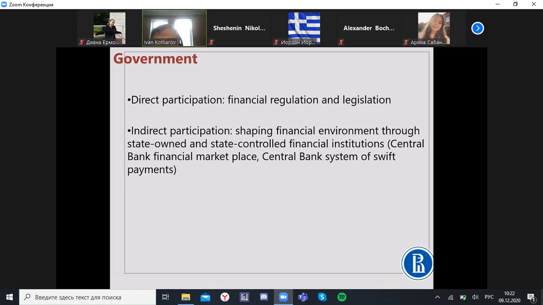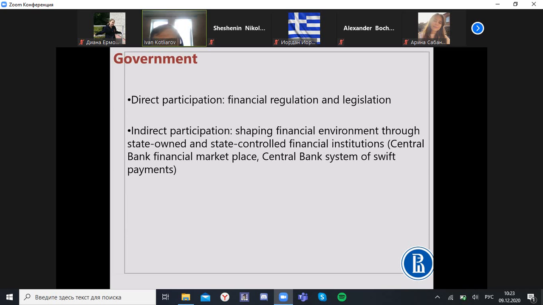Government can shape the financial environment by setting up state-owned and state-controlled financial institutions. For example, here in Russia, we have a central bank financial marketplace where financial services are provided. As you probably know, the Central Bank of Russia set up a system of SWIFT payments. This system is used to replace other systems of payments used in Russia.